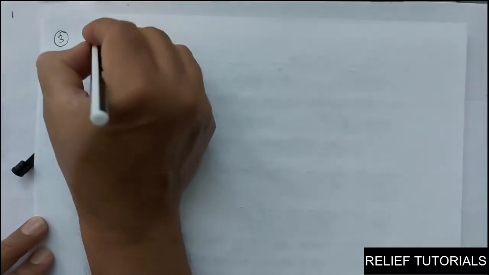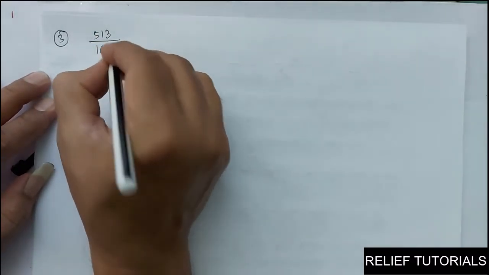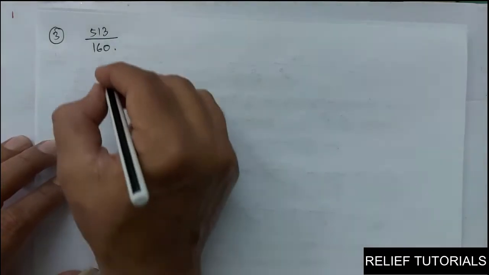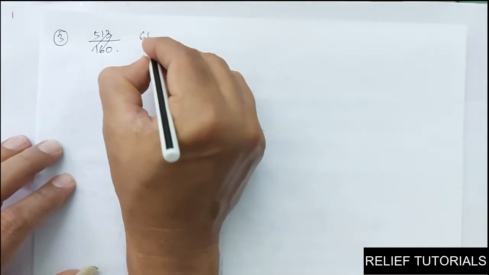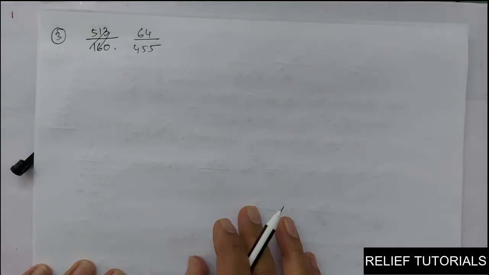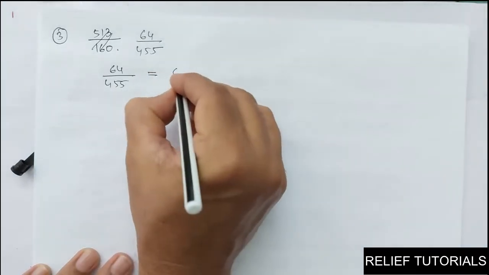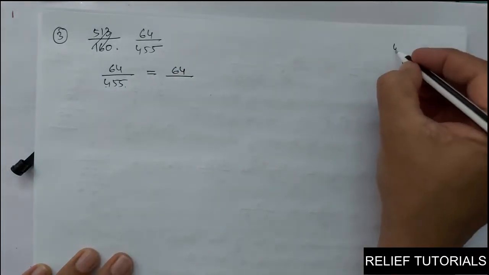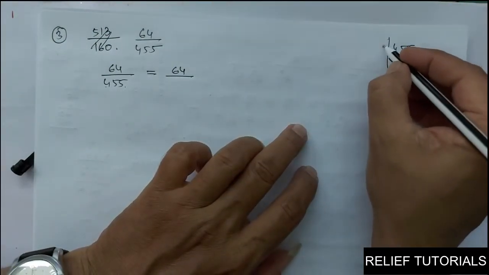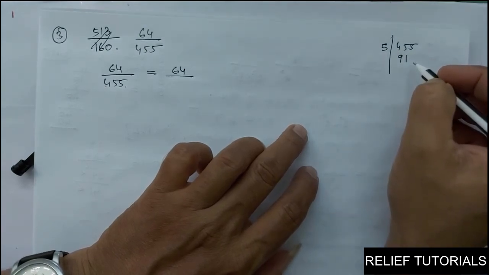Now question number 3. Sorry, third is not this. Third is 64 upon 455. So I will write now 64 upon 455 is equal to 64 upon, you will find the factors of 455. 455 will not go with 3, so directly with 5. 5 into 91 is 455. Clear?